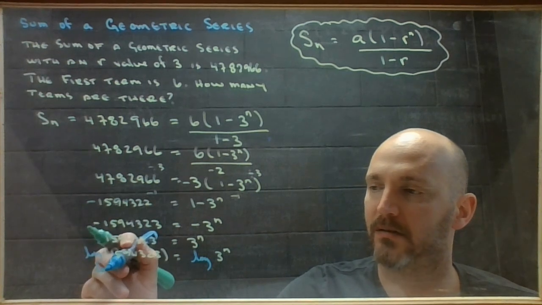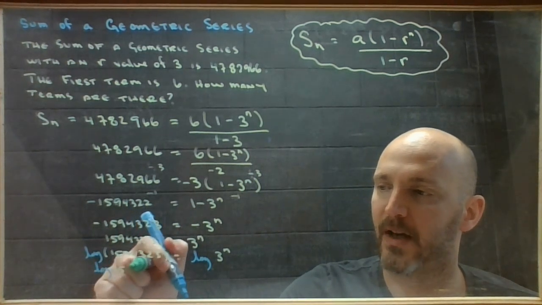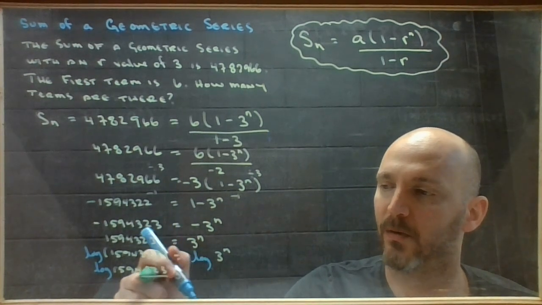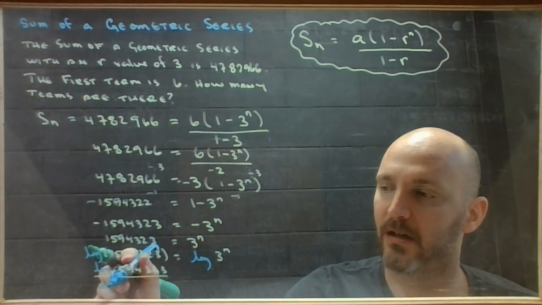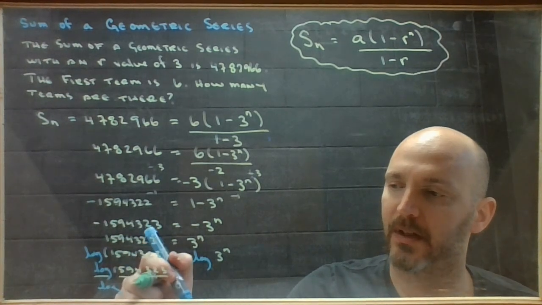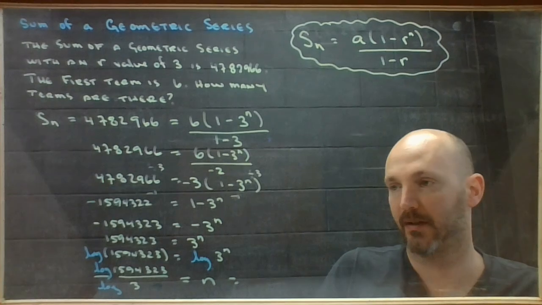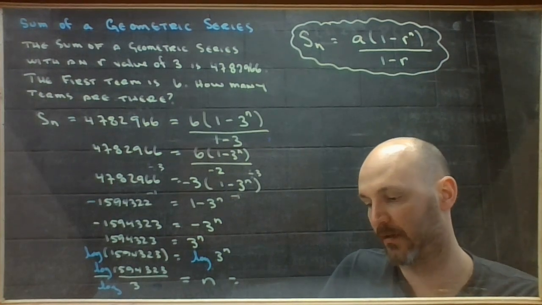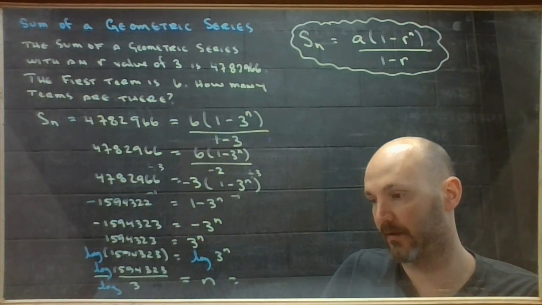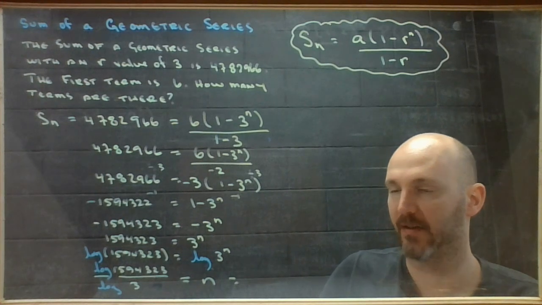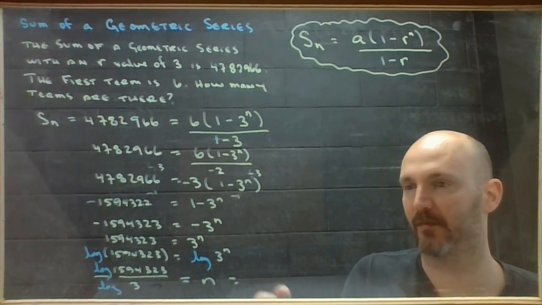So log 1,594,323 over log 3 should give me my n value. Try that. Log of 1,594,323 divided by log of 3 gives me 13 on the nose.